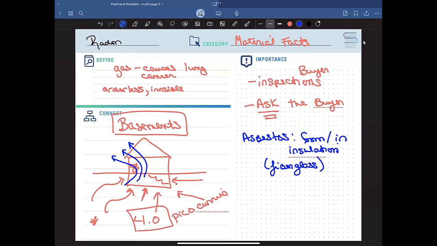You remember those commercials? If your loved one has died from mesothelioma, that's what I think of. It also causes lung cancer. It's the same thing. It's one of those things you don't want to be breathing in.